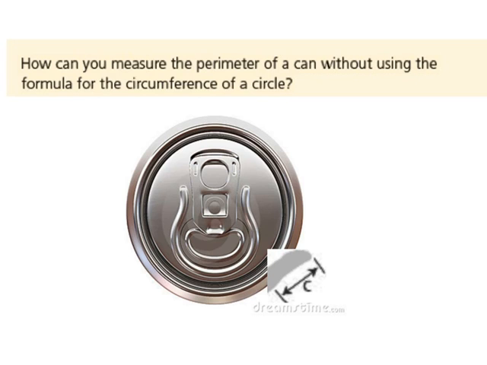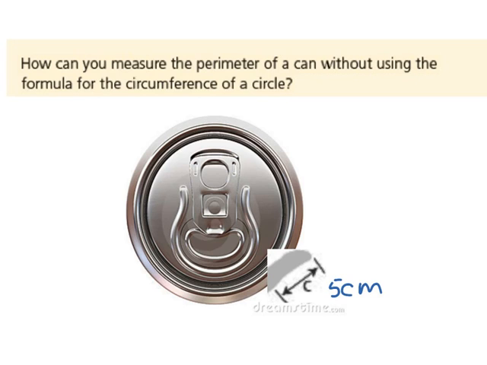So for example, if I use my thumb, and I know that my thumb is approximately 5 centimeters, I would go around the circumference of the can and see how many thumb lengths can fit across. Approximate it. So maybe 1, 2, 3, 4, 5, 6, 7, 8, 9, maybe 10.